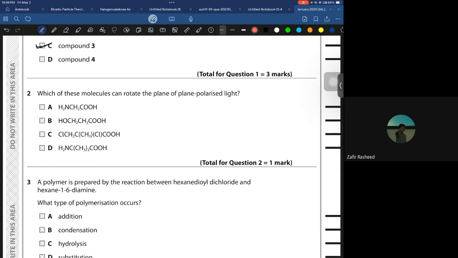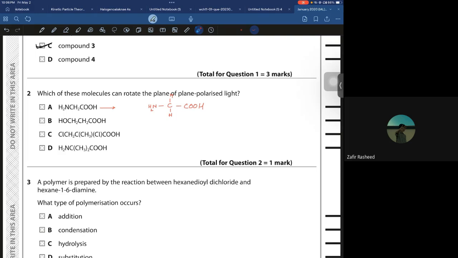You can see the structure for option A: it would be NH2 and then CH2CH2COOH. This and this, they are the same group.